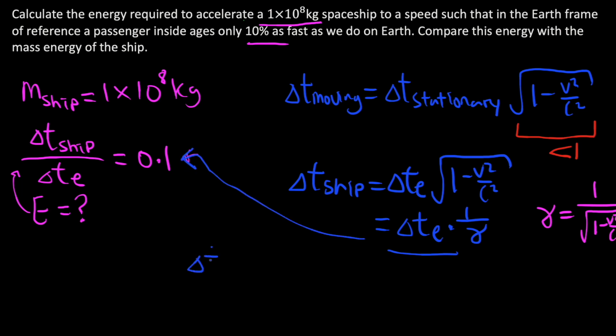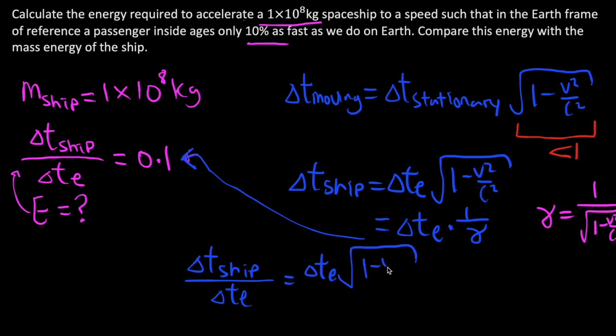So delta T ship over delta T Earth is equal to delta T Earth multiplied by the square root of 1 minus v squared over c squared, and the whole thing over delta T Earth.